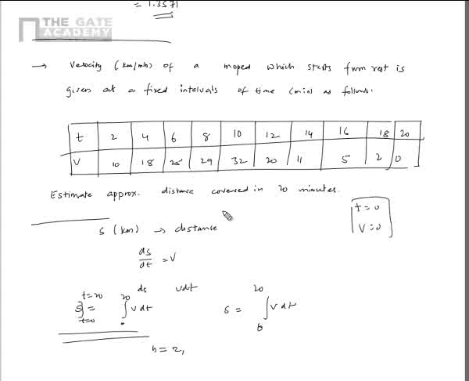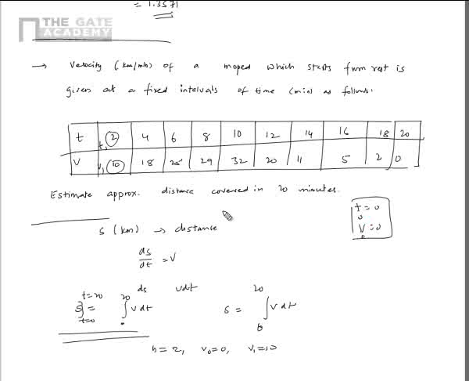So h is 2, an equal-spaced interval, v0 is 0 at the start, and v1 is 10.